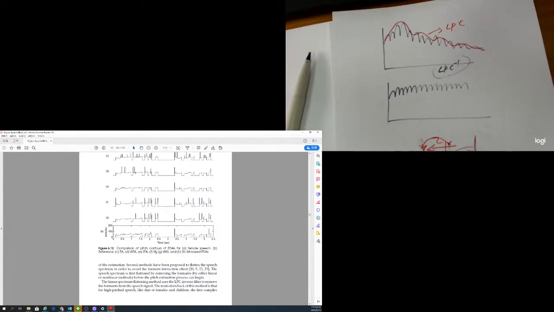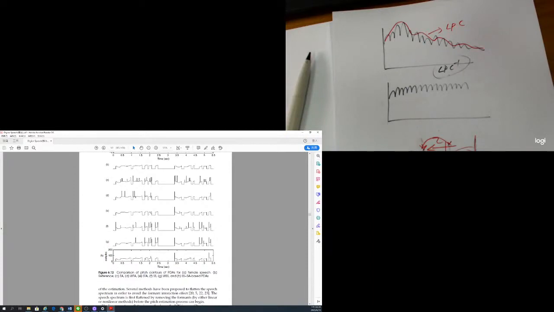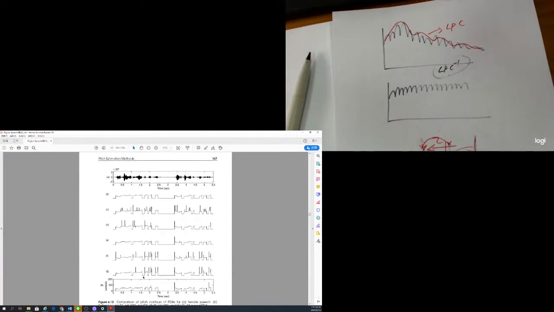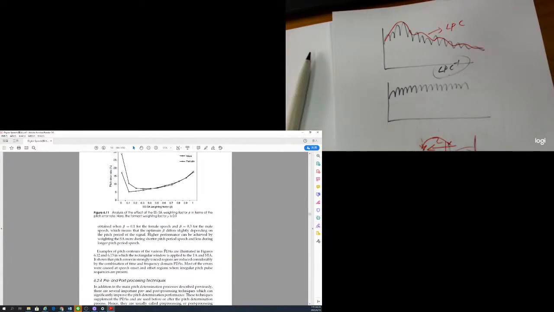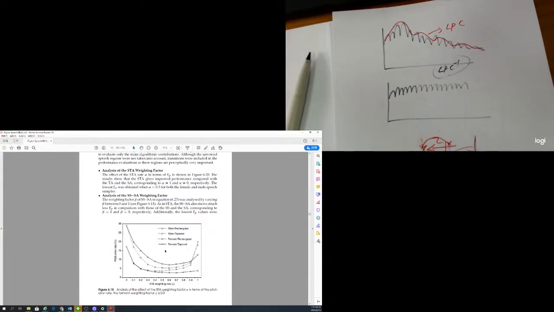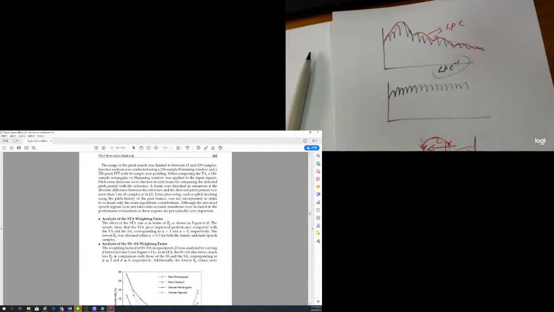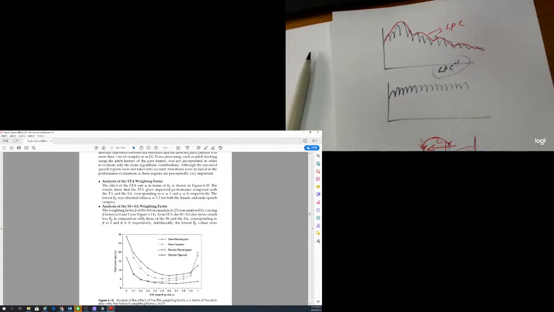Figure 6.12, I double check. They're talking about temporal autocorrelation, WTA. I have to double check WTA. Something should be wrong; they didn't give me the definition.